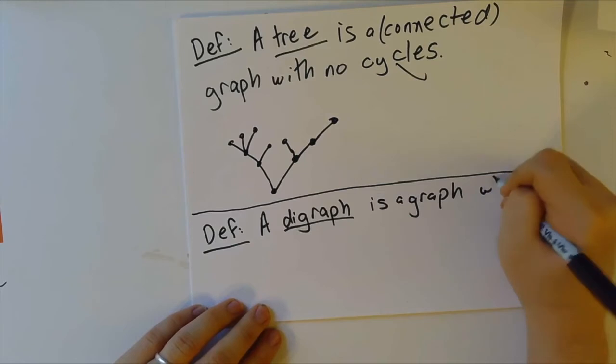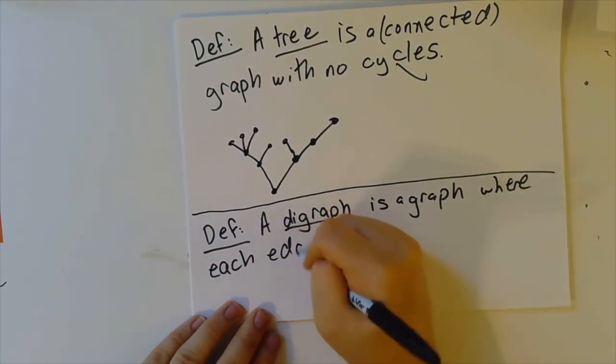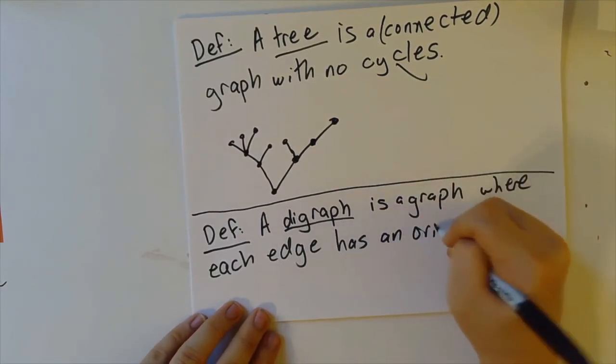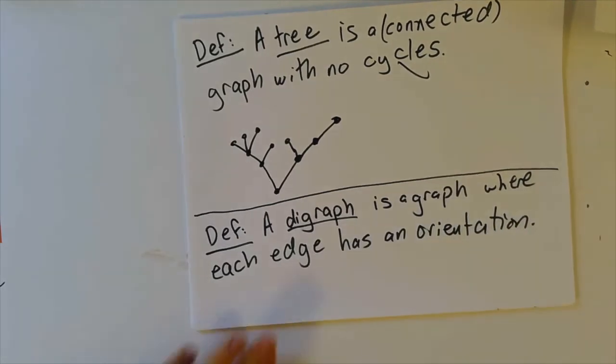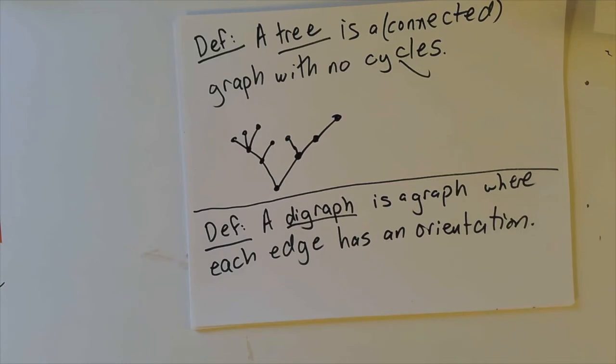It's a graph where each edge has an orientation. Okay, an orientation is just a fancy math word for direction. So I'm saying that each edge goes from a point to a point.